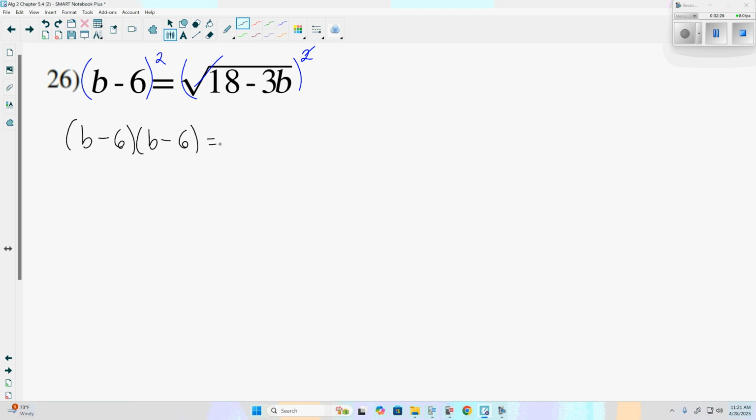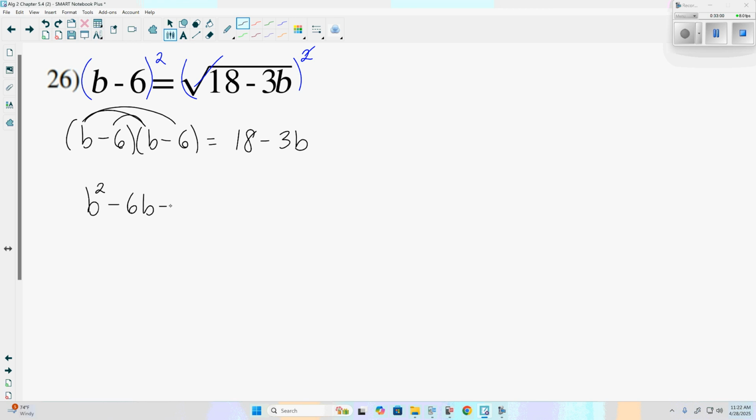Now, there are ways to go through and multiply it out. We could use the fact that this is the same as a minus b squared, which according to the formula is going to be a squared minus 2ab plus b squared, and plug in a and b in their corresponding spots. Or we can just multiply it out. Because if we multiply this out, b times b is b squared. b times negative 6 is negative 6b.